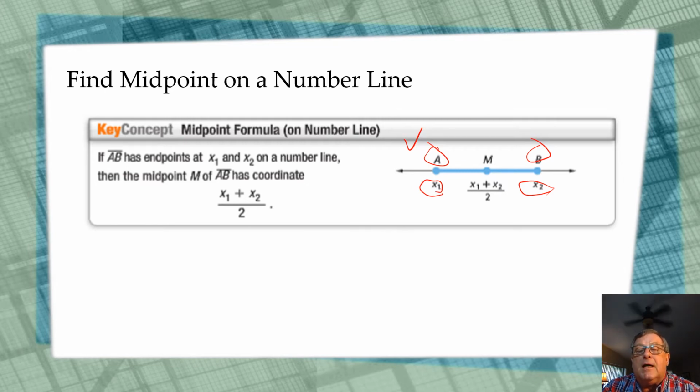We have a segment AB, and we're told that this point M, which we're going to define as x1 plus x2 over 2, is the midpoint.